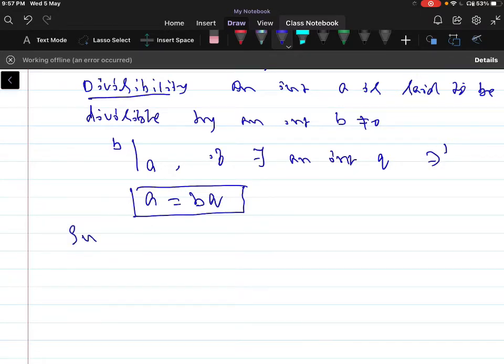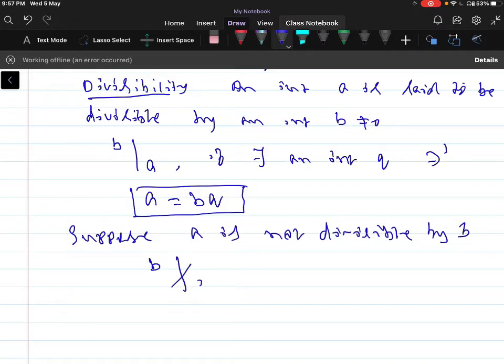Suppose a is not divisible by b, then we write b does not divide a.